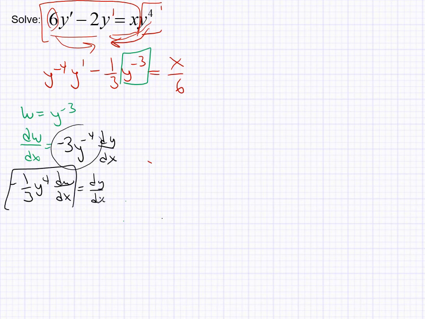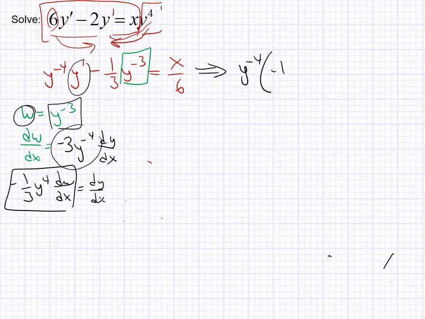So there's my substitution for dy/dx, and here's my substitution for w. Plug it into this differential equation. Remember, y prime is dy/dx. So what I end up with is y to the negative 4 times negative 1/3 y to the positive 4 dw/dx, that's my y prime, minus 1/3 w equals x over 6.